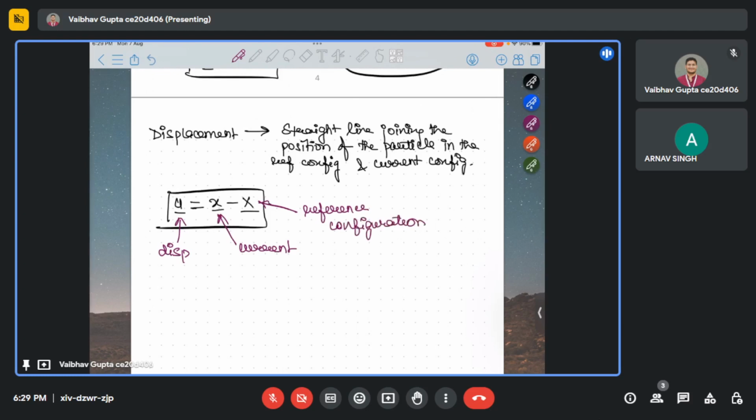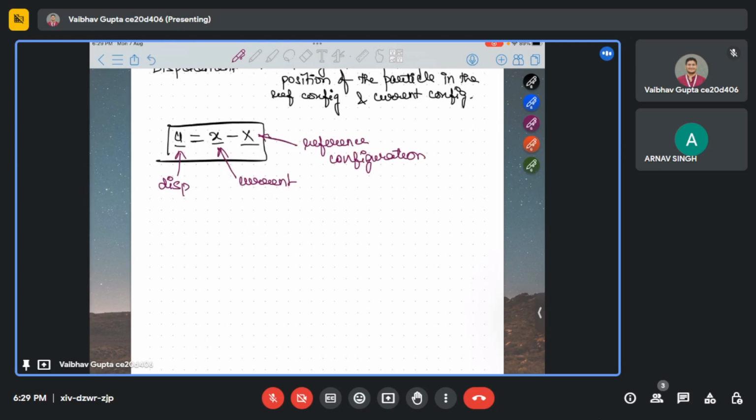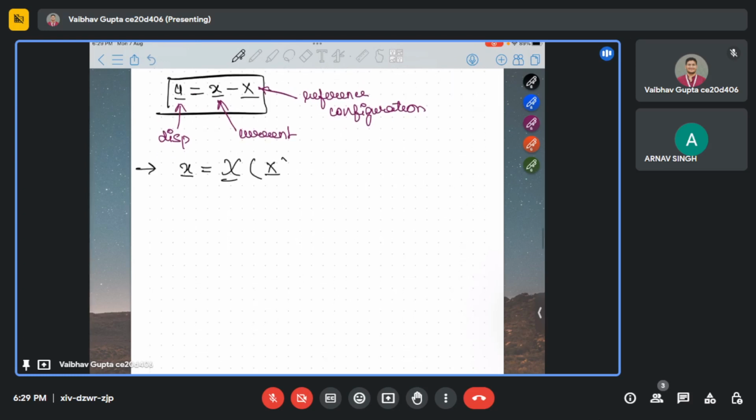After this, you learn one more term: we can relate our current configuration to the reference configuration with the help of a deformation field. This small x can be related to capital X. Capital X is always the reference configuration. You remember, wherever capital X is written, it represents the reference configuration, and wherever we write in small letters, it represents the current configuration.